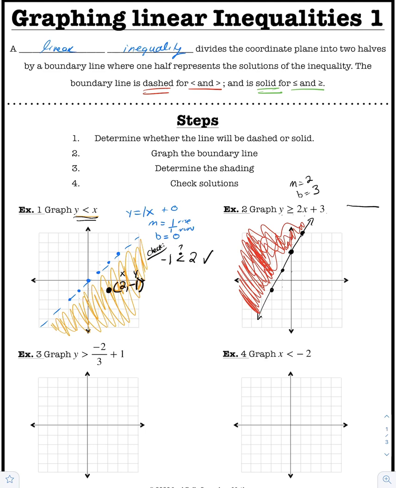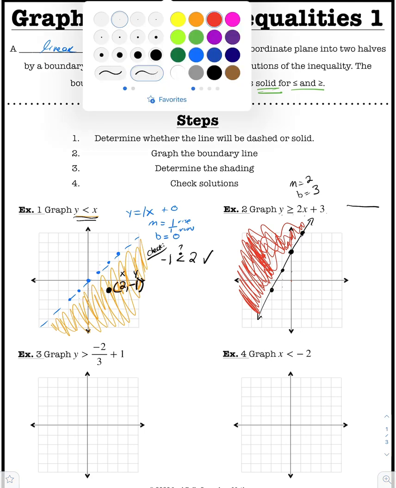We can choose any point we want on this coordinate plane. If we choose 0, 0, then we expect the answer to be false because it's not in the shaded region. And if we choose a point over here, we expect the answer to be true because it is in the shaded region. So it does not matter what point you use, just know what you're expecting to find.